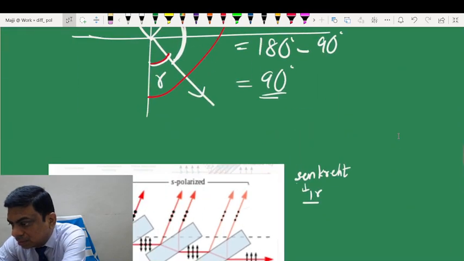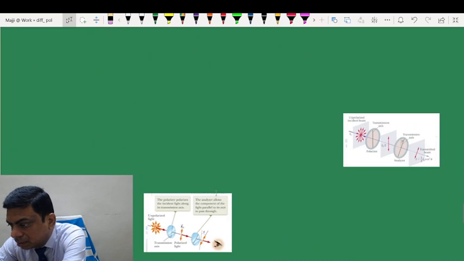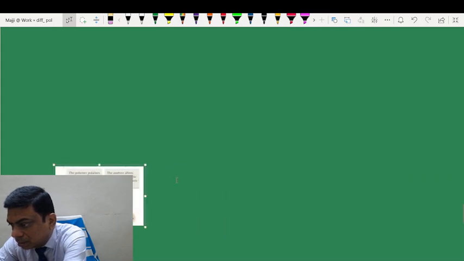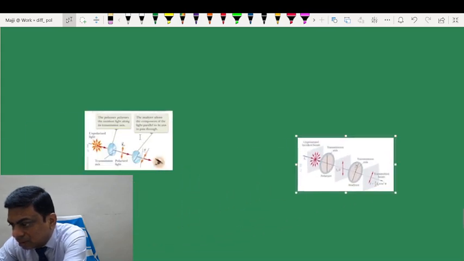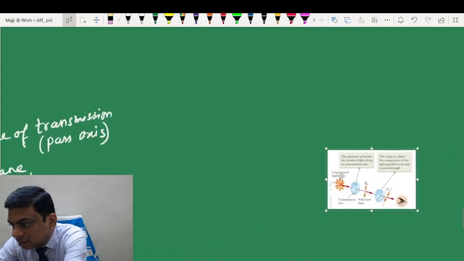Yes, here. Both diagrams are similar, so we can manage with just one. I have picked them from some internet sites. Okay, right.